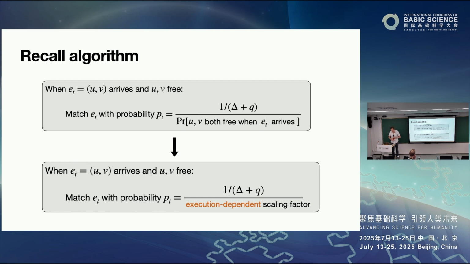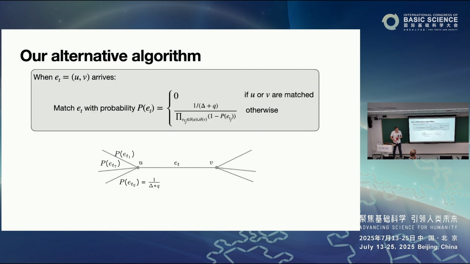That's important, so let me explain this. When an edge e_t arrives, at that point in time some edges incident to U have arrived and some edges incident to V have arrived. When they arrived, they were taken with some probabilities. Initially these probabilities were 1 over delta plus q, but then they're scaled up and so on. So the probability we will take e_t is exactly 1 over delta plus q, divided by the probability that it survived these incident edges.